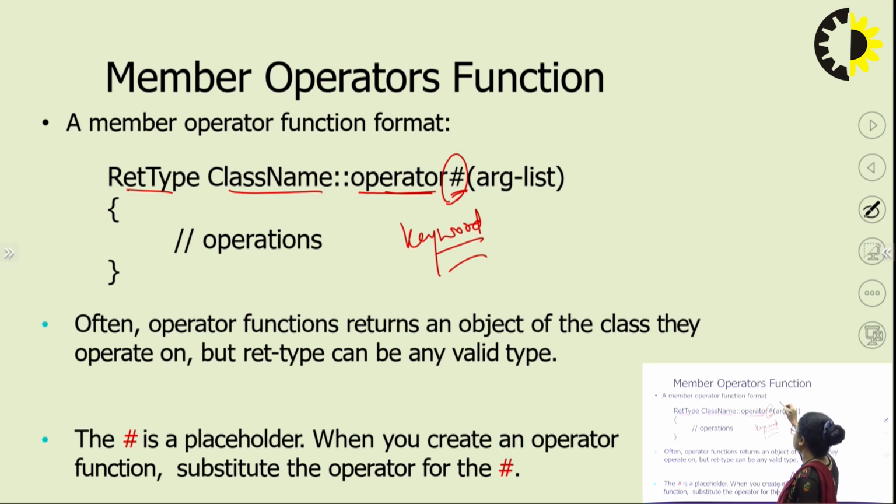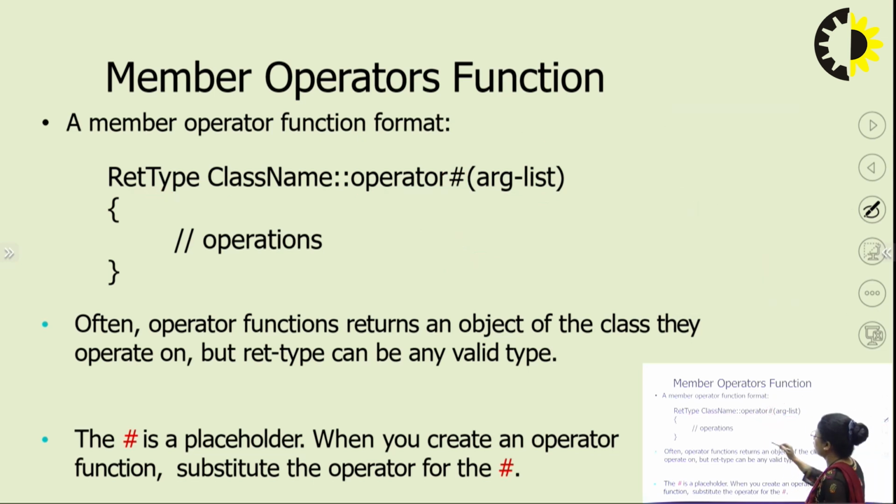It can take values like plus, minus, multiplication, whichever operator you want to overload. You have to write that particular operator instead of the hash symbol here, and then the arguments involved for that particular overloaded function. We'll take an example more to understand this. This is just a brief syntax, and the format of this function, the number of arguments required, will change based on the kind of operator that we are trying to overload.